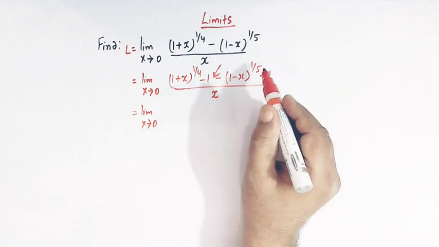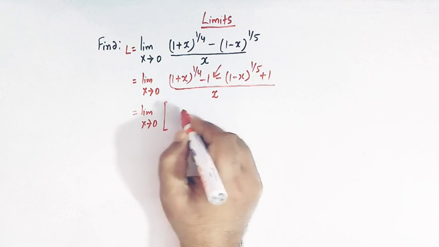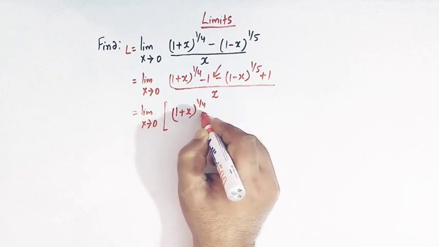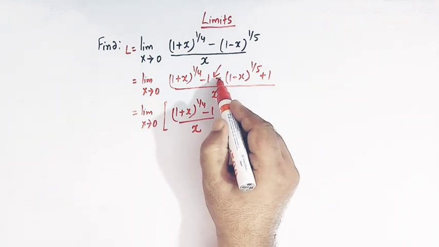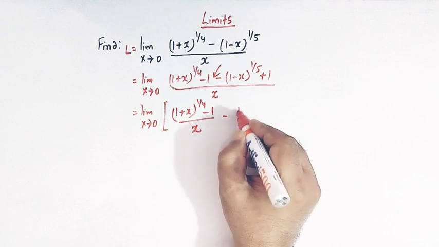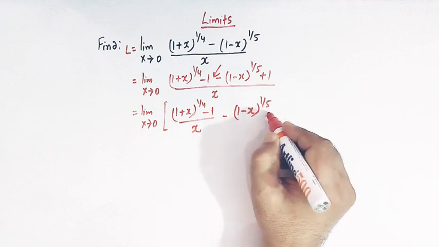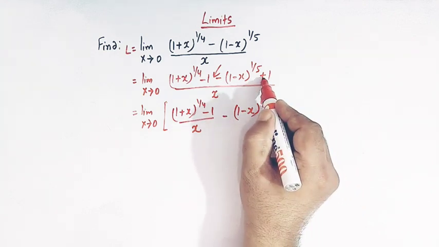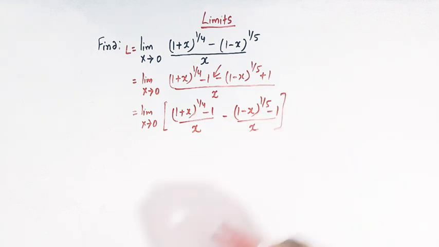Or in other words, let us break this expression into two parts like this: (1 plus x) raised to 1 over 4 minus 1, divided by x, and then we take the negative sign and have (1 minus x) raised to 1 over 5 minus 1, because this negative and this negative make it positive, divided by x.